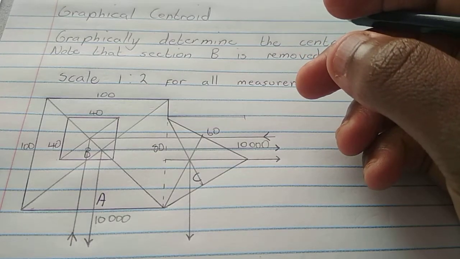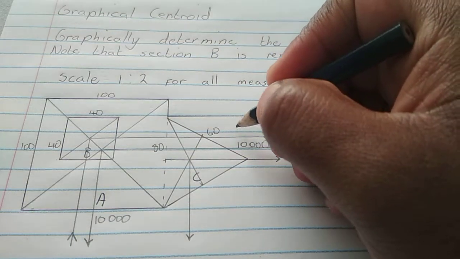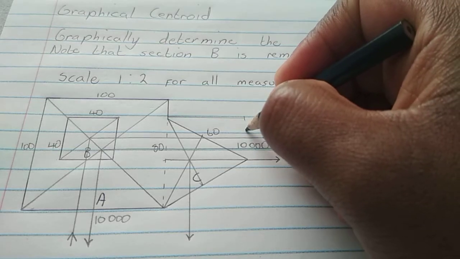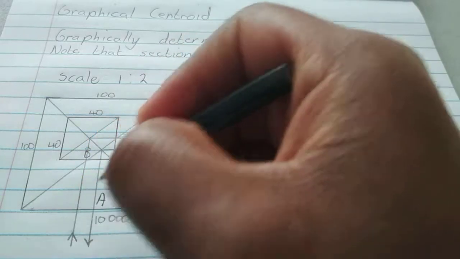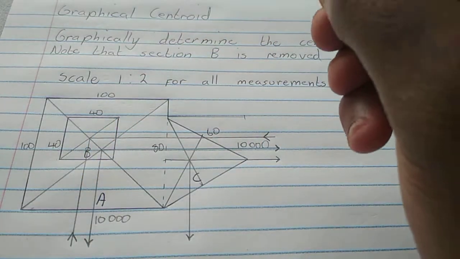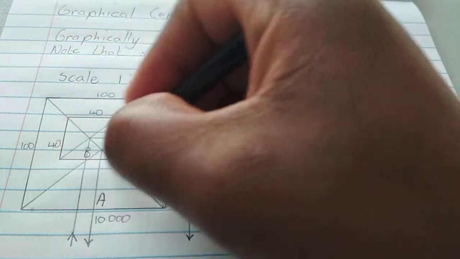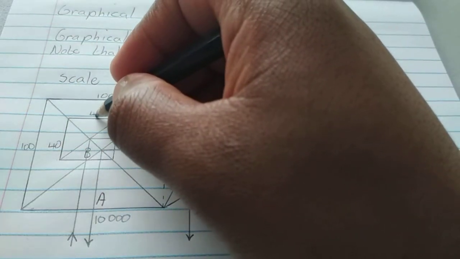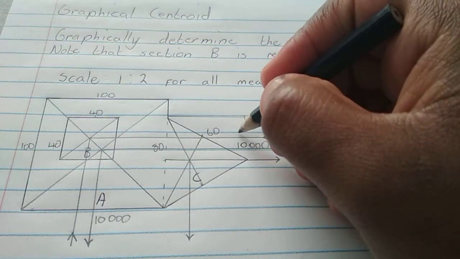Okay, now from there what we want to do is name it. So we're going to name this, let's start this side. This section, we forgot the areas. Let's start with the area of this small one. The area of this one is 40 times 40, which gives you 1,600.